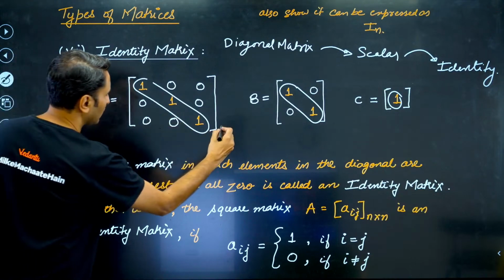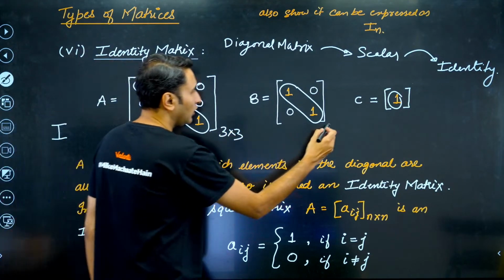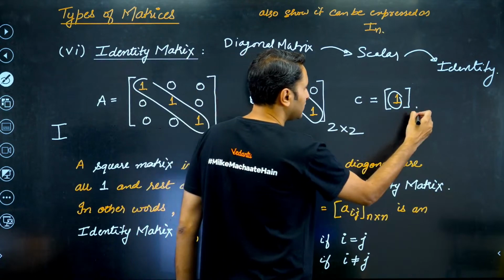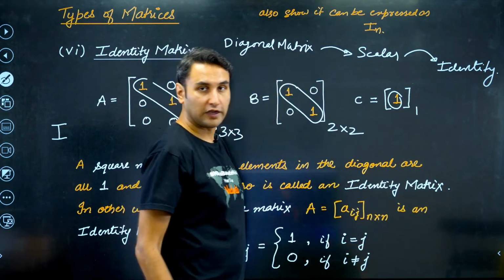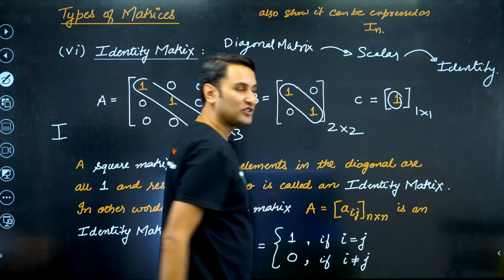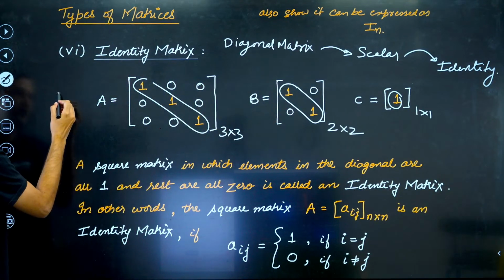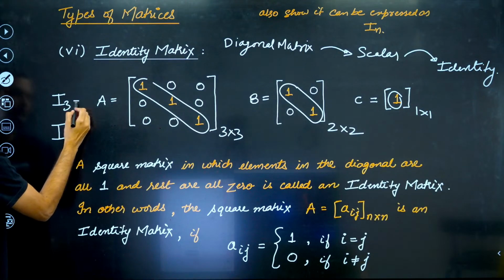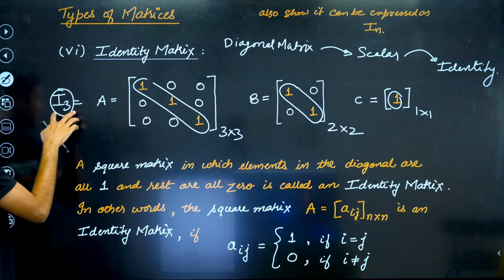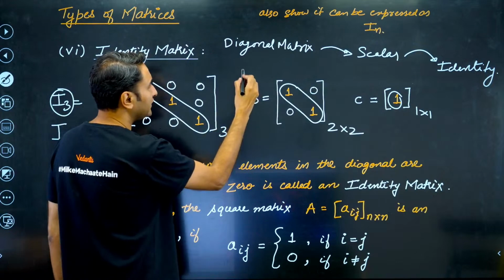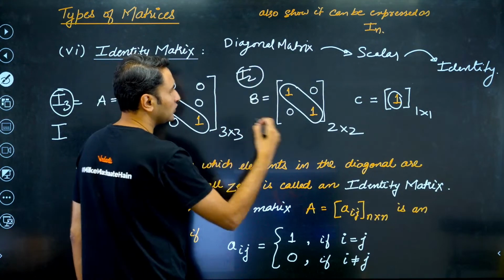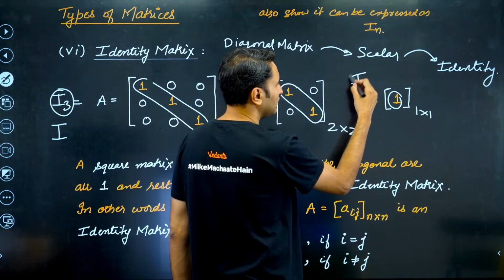In short, we represent the identity matrix also as I. For example, this order is 3 by 3, order is 2 by 2, order is 1 by 1. So how do we represent that? We call this I3, identity matrix of order 3, identity matrix of order 2, identity matrix of order 1.